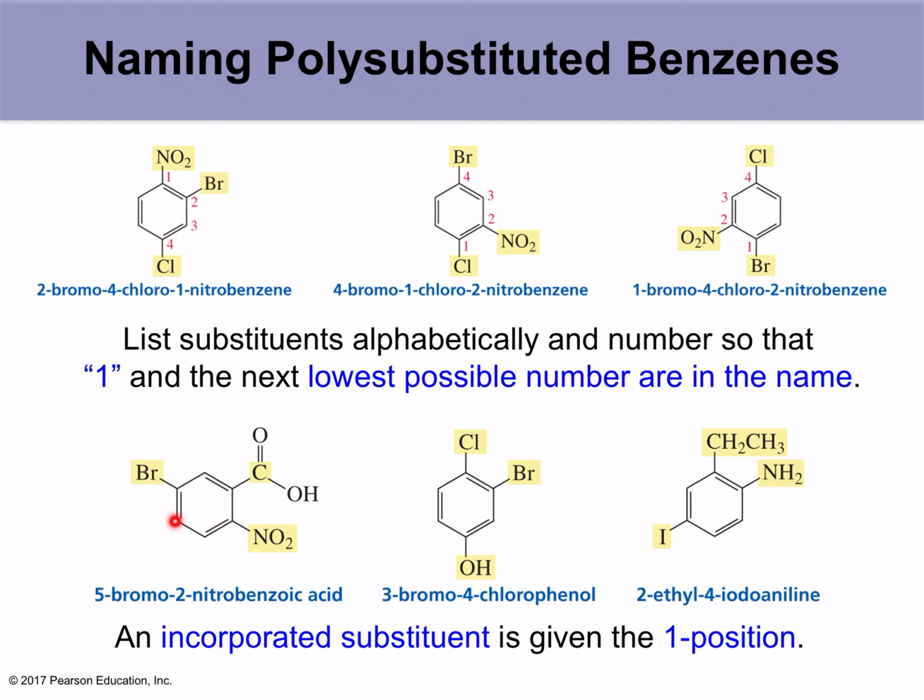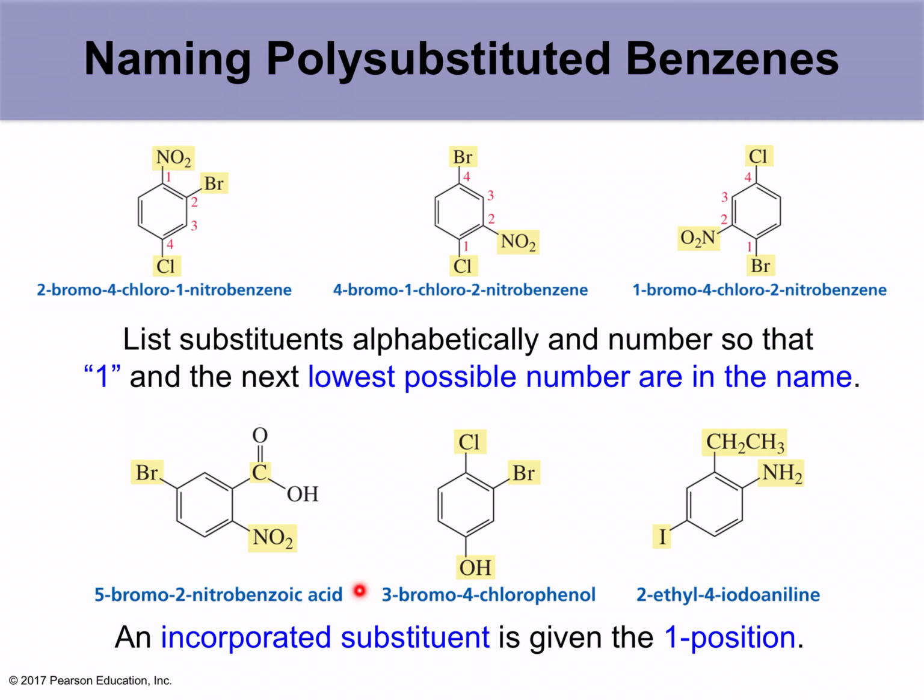But if you go from this side, it would be 1, 2, 3, 4, 5, 6. That would be 3 and 6. So 3 and 6 is a higher order compared to 2 and 5. So we go from this side and name the compound as benzoic acid. Then you choose the alphabetical order: bromo, 5-bromo, 2-nitrobenzoic acid.